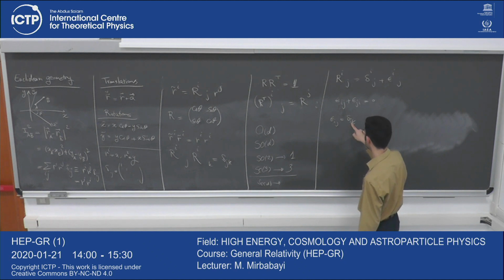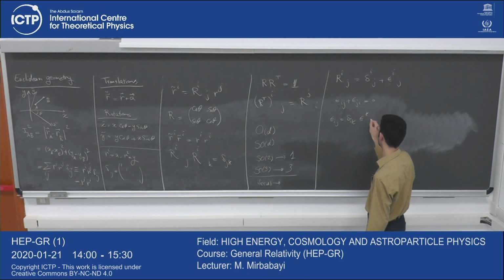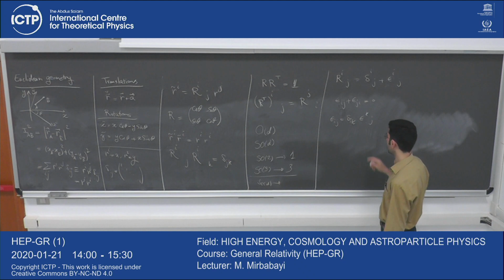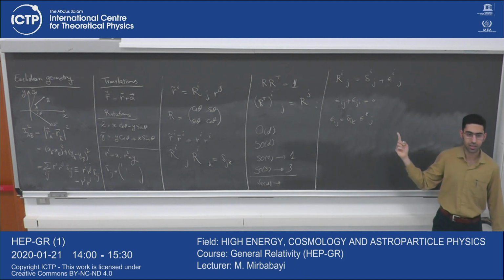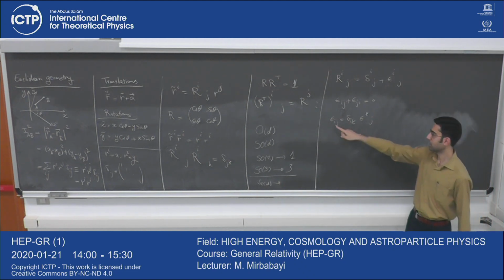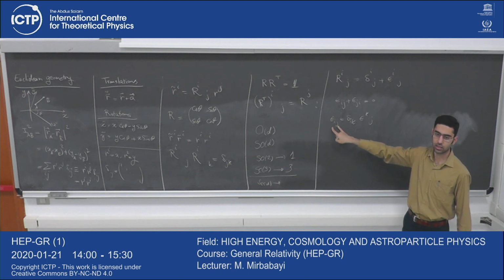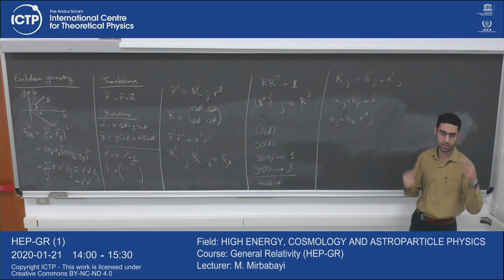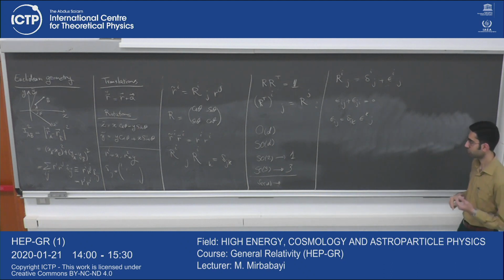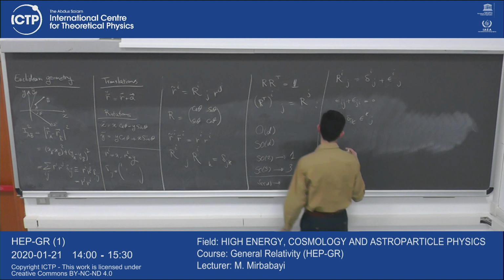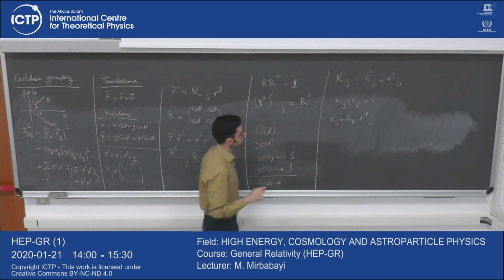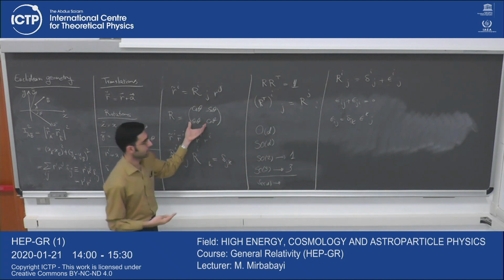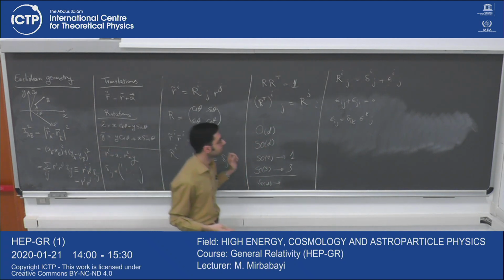So this is just delta_ik times epsilon^k_j. Since delta_ik is just a unit matrix, this epsilon_ij with lower indices is really the same matrix as epsilon^i_j with mixed indices. If you wrote it as a matrix, they would look identical.